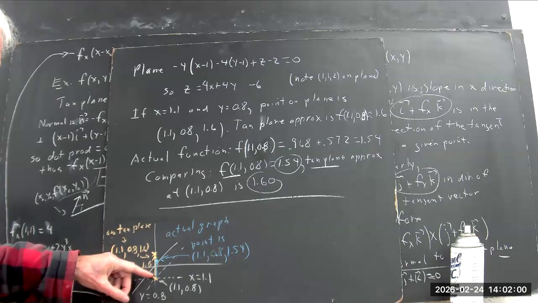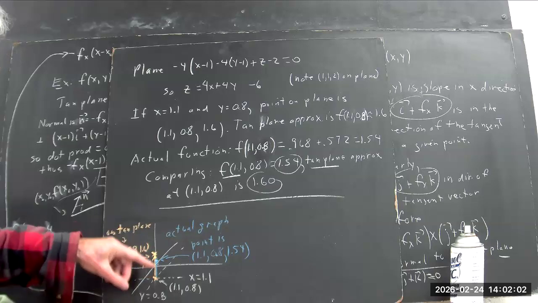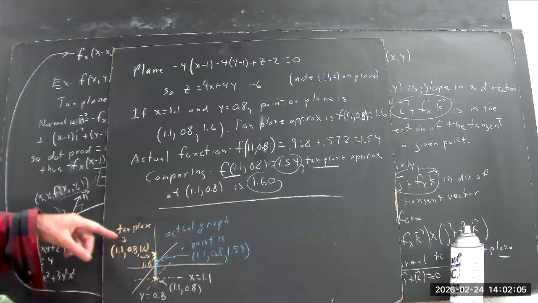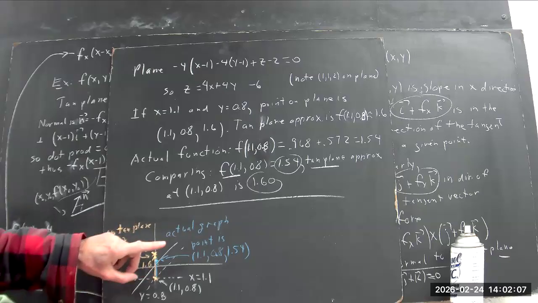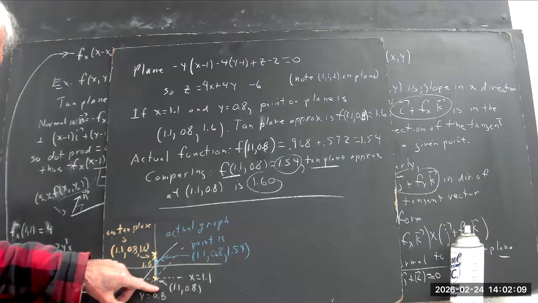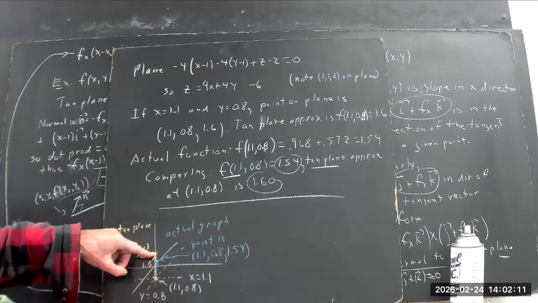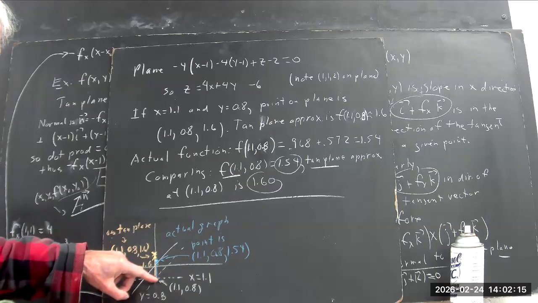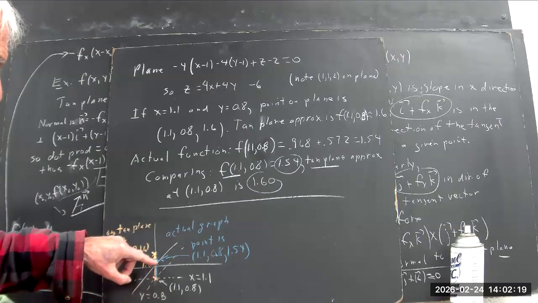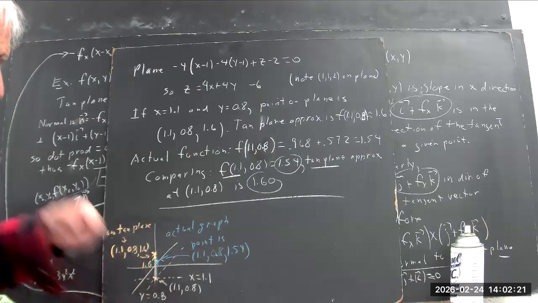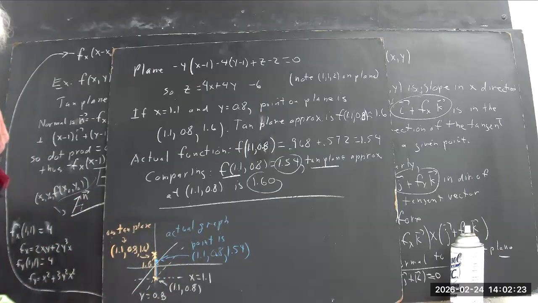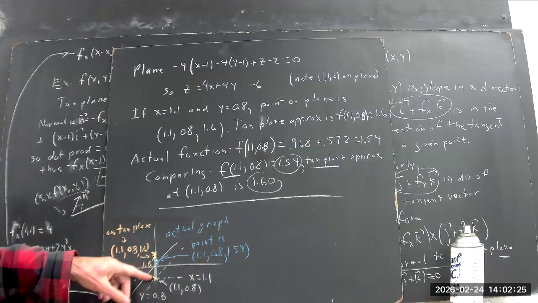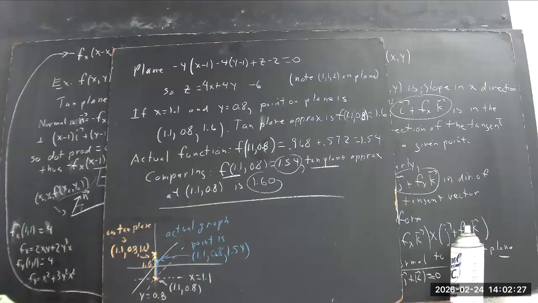Now I've got the arrow for the tangent plane, the arrow from 1.1, 0.8 in the XY plane up to the tangent plane is orange. The arrow from that same point up to the actual function is in blue. And I've got them offset slightly so they don't necessarily look like they're coming from the same point, but they are.